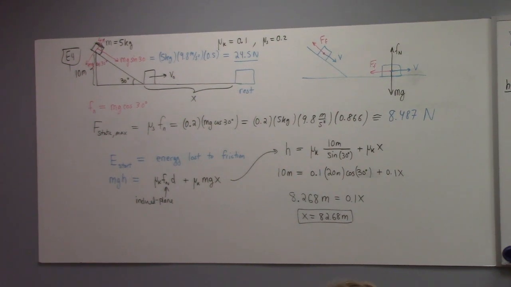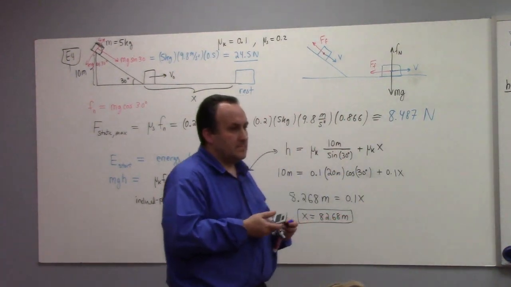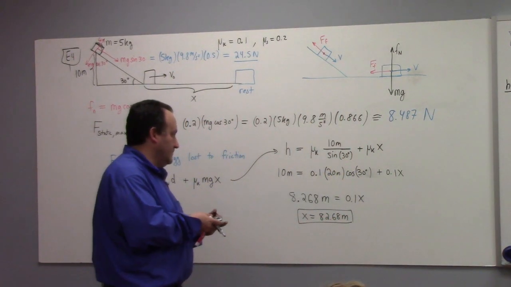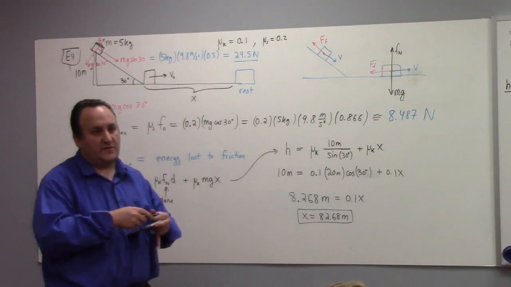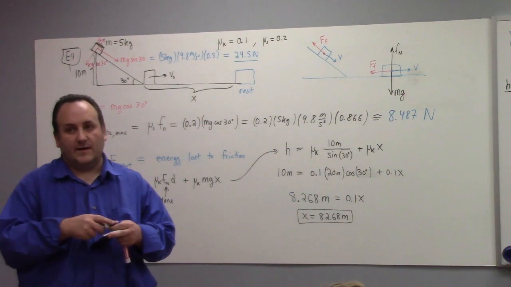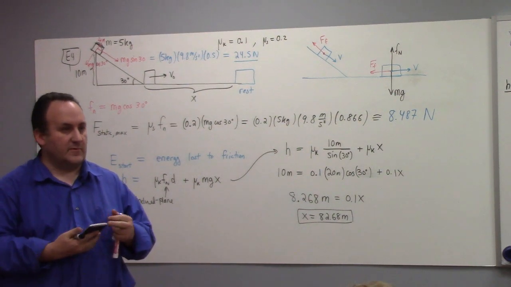If I haven't made a mistake, we have 12.73 meters per second. We could also ask the question, how much energy did the mass lose as it slid down the plane, right?